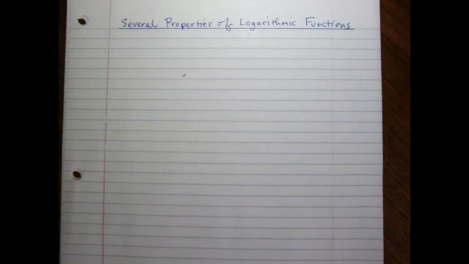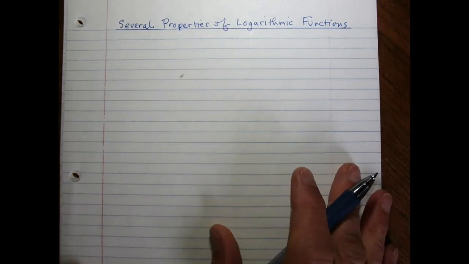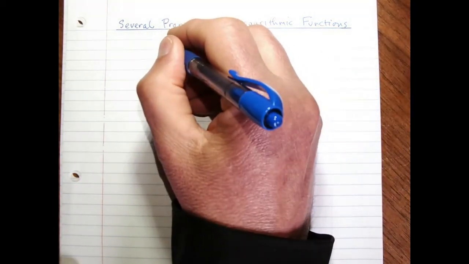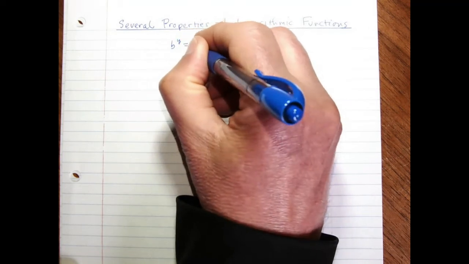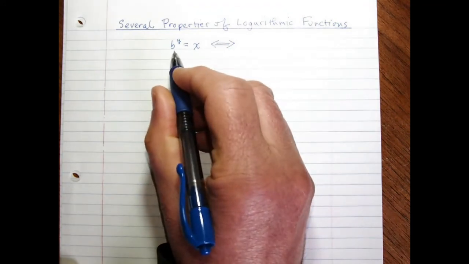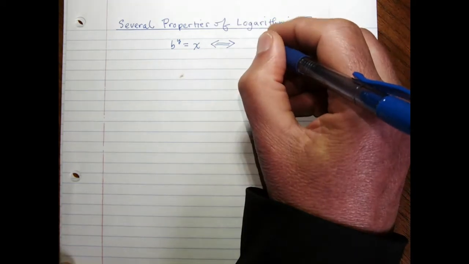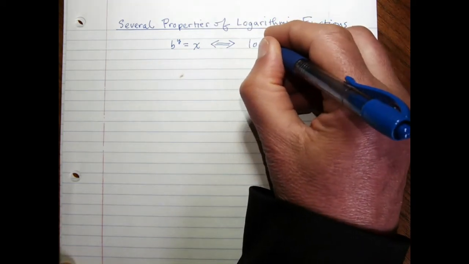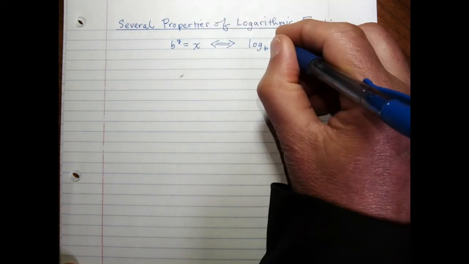And one more section I want to talk about in this video is a few properties of logarithms. We're going to start with that equivalence between an exponential expression and a logarithmic expression. So I'm going to say b to the y equals x. That can be rewritten as log base b of x equals y.